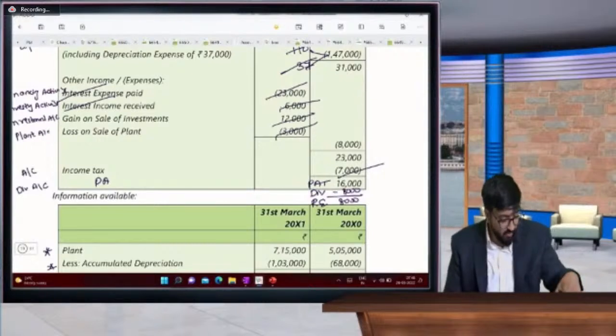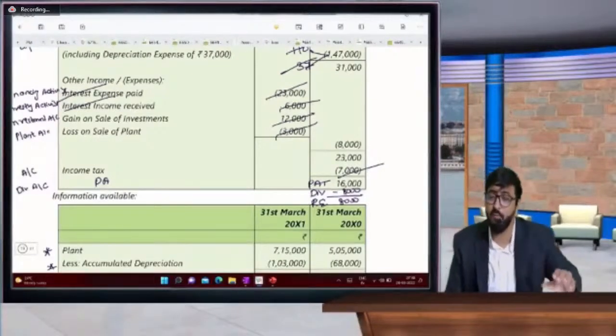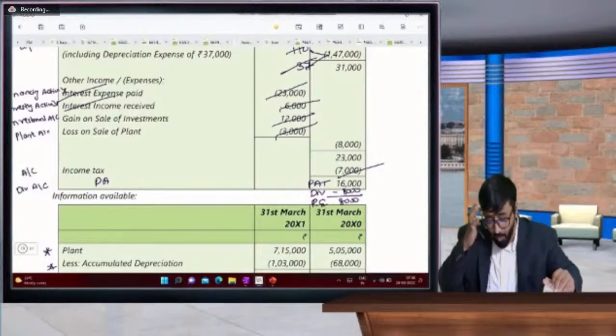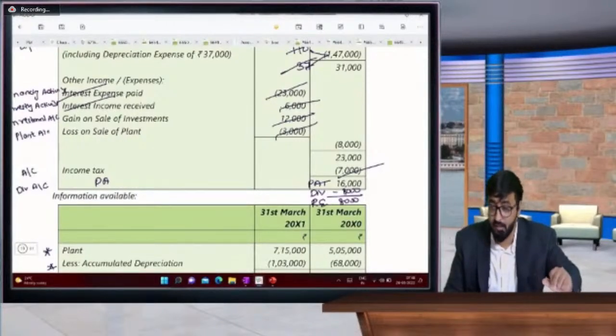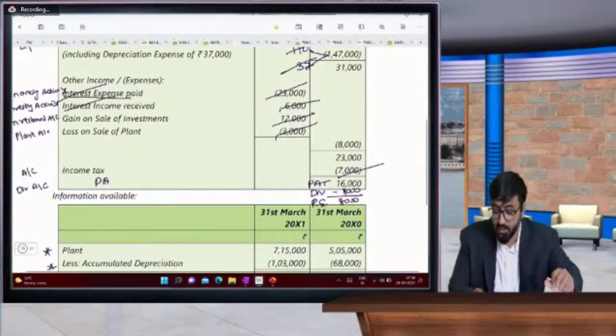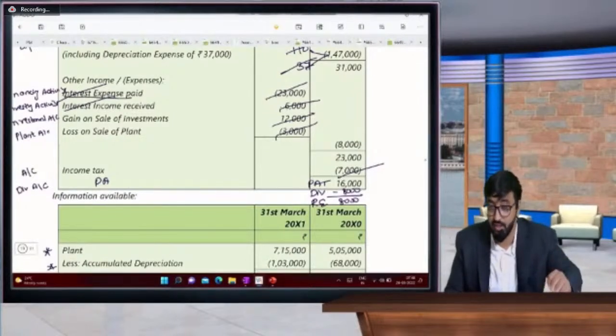So I always tell myself, whenever I'm watching any profit and loss account or any balance sheet, first thing, make it very clear. Now interest expenses is not in the balance sheet, it is only here in the P&L. It means there is no prepaid interest, there is no interest payable.